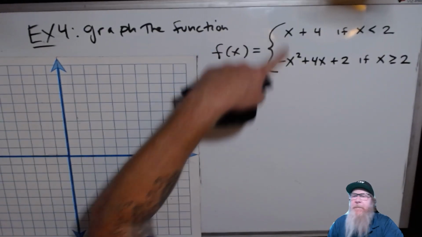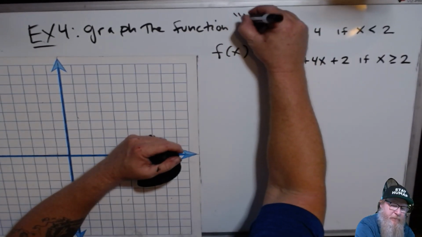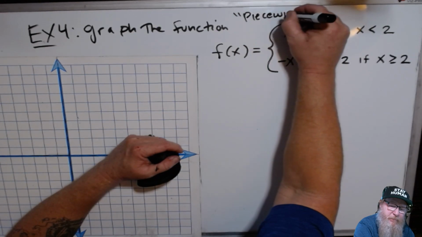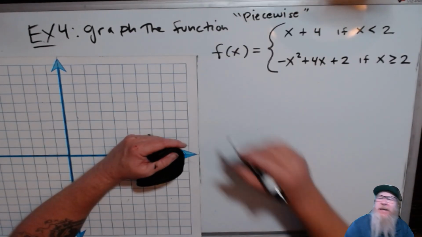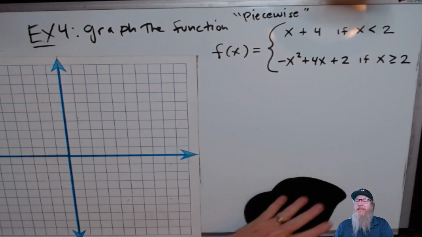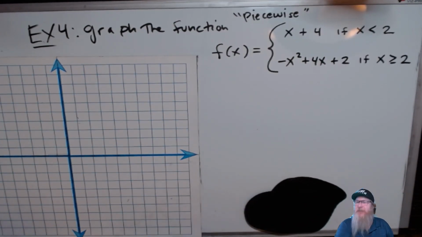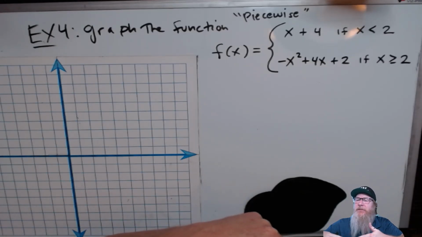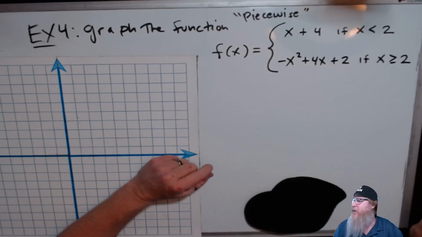So this is what we call a piecewise function. It essentially means it looks a lot like the graphs I just drew. There are two distinct pieces, and we want to draw them to determine if it's continuous or not.